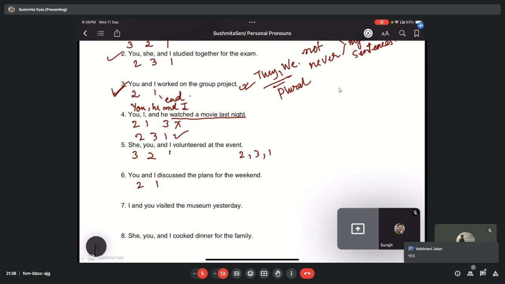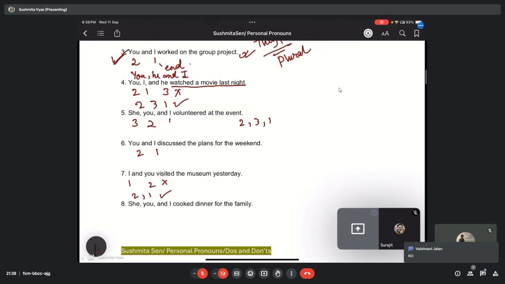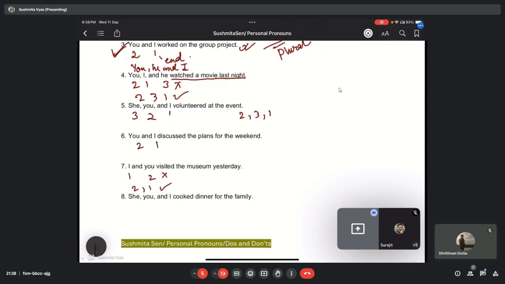Okay. I and you visited the museum yesterday. Is this correct? This is incorrect because it should be two and one. Right. Okay. She, you, and I cooked dinner for the family. What about this sentence? This is also incorrect. She is third. It should be two, three, one.